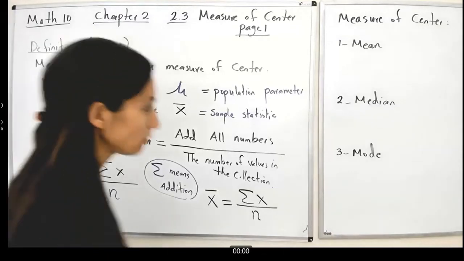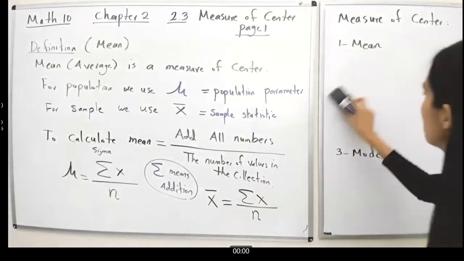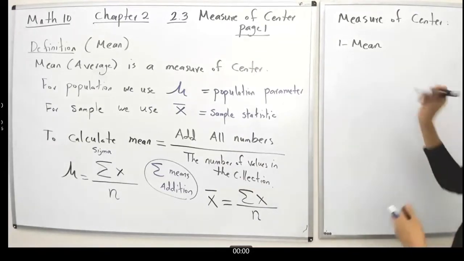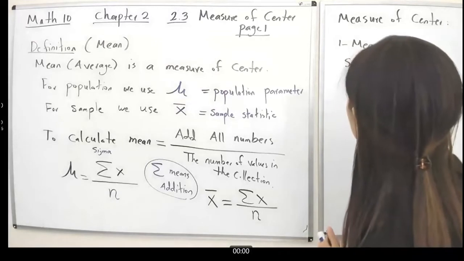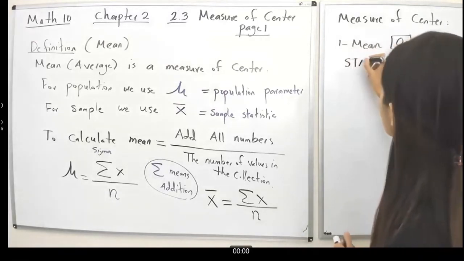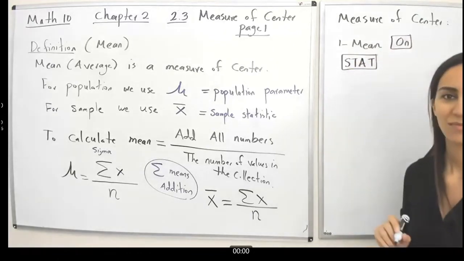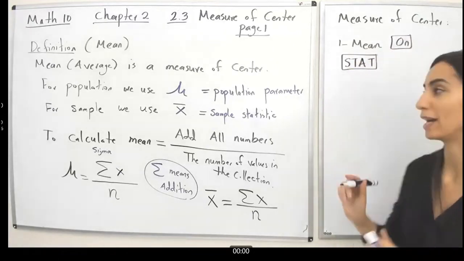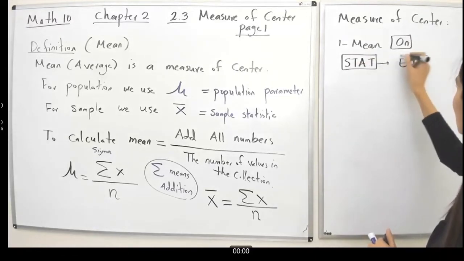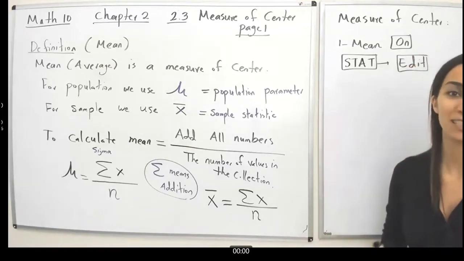To use the calculator to find the mean of the collection, first turn on your calculator, go to Stat. After going to Stat, go to Edit. Now you need to enter the numbers in your collection.